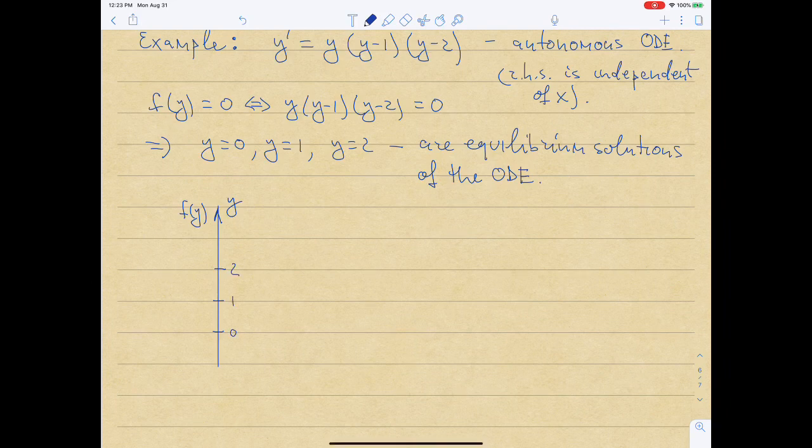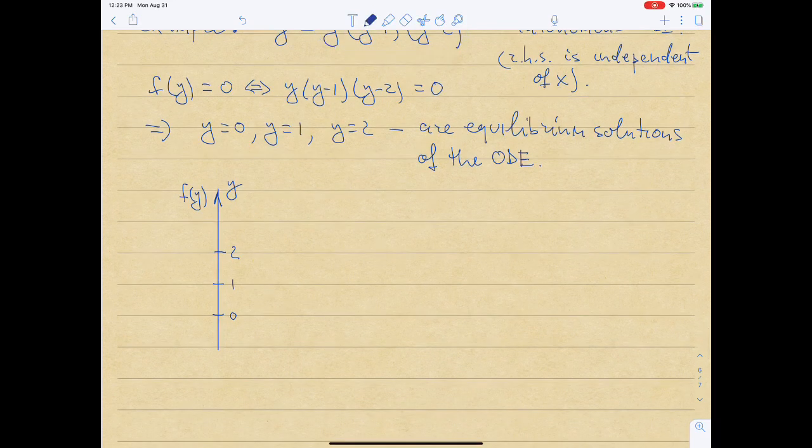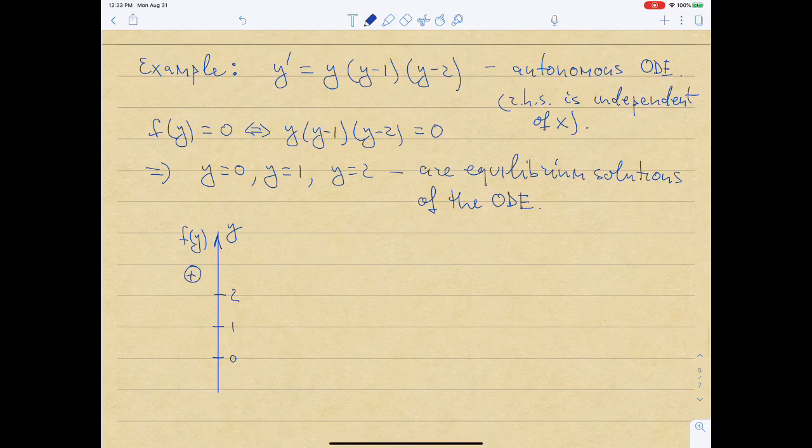And we have to do a simple algebra here. So if y is greater than 2, then I have three factors here: y, y minus 1, y minus 2. If y is greater than 2, all of them are positive. So that means that f of y is positive here. If y is between 1 and 2, first two factors are positive, third is negative.